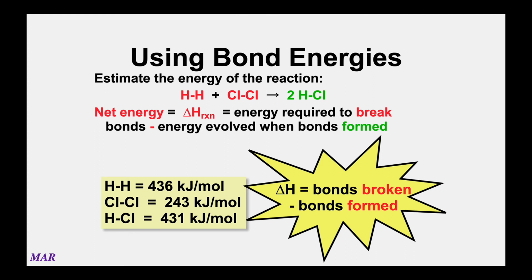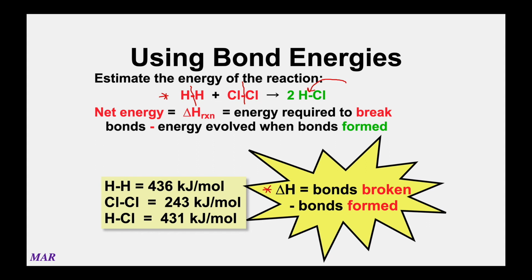Here's the punchline I like to use: the energy equals bonds broken minus bonds formed. In a reaction like this one, you break the H-H bond and the Cl-Cl bond, but then you form 2 HCl bonds.